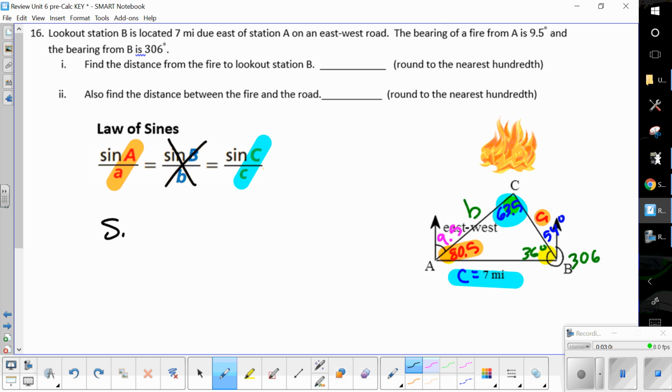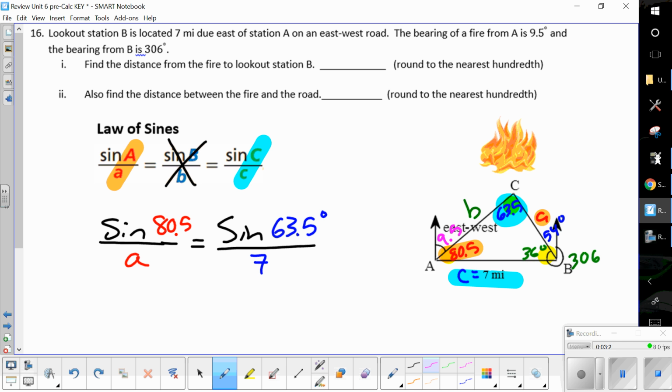Now I slowly but surely make sure I plug the appropriate thing in the appropriate spot. I get 7 on the bottom here, and 63.5 degrees over here. Then for angle A, I get 80.5, and I'm going to leave little a as my variable. All right, proportions. Anytime I have a fraction on the left side and a fraction on the right side, I'm going to cross multiply.